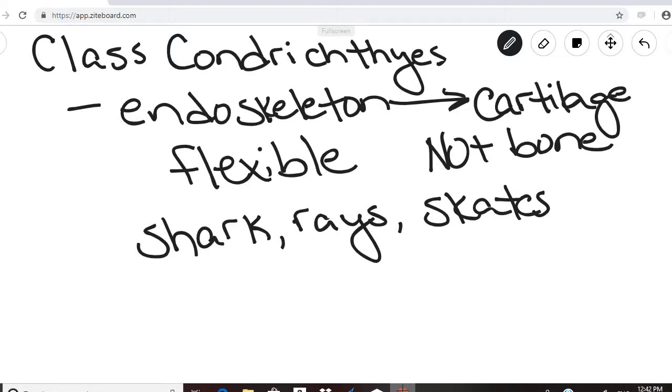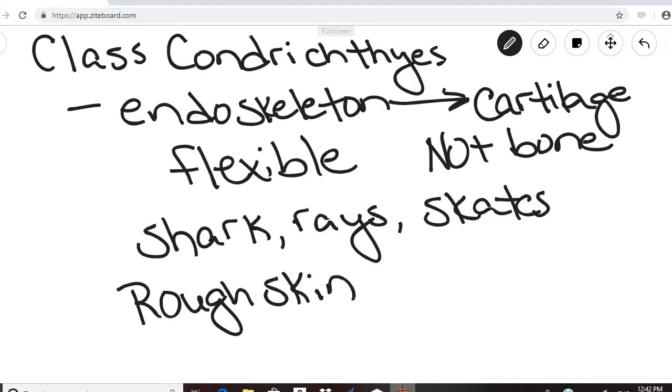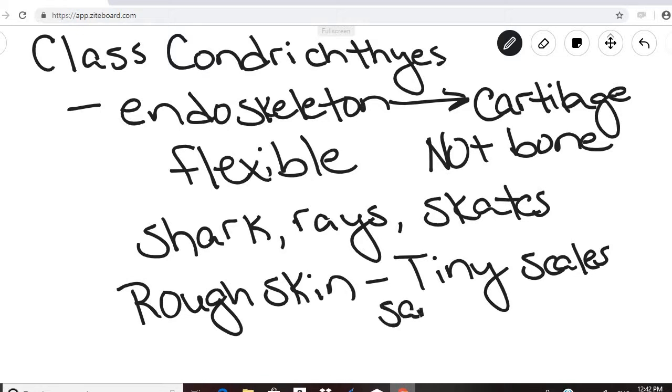These organisms have very rough skin, and their skin has tiny scales. And those tiny scales are made of the same material as teeth. And so that gives it its rough characteristic.